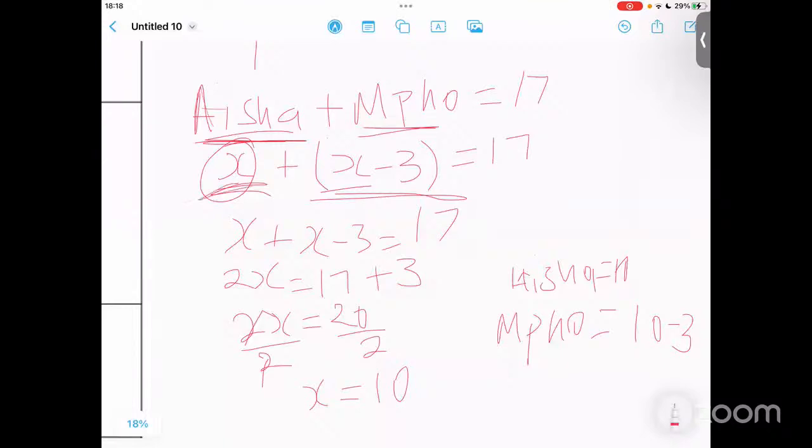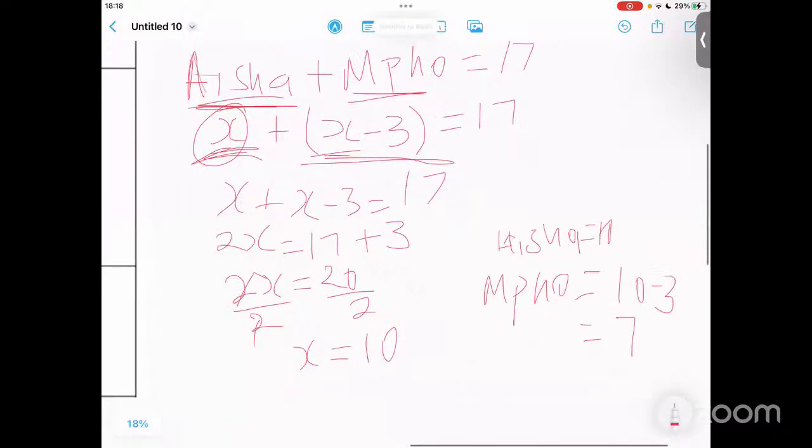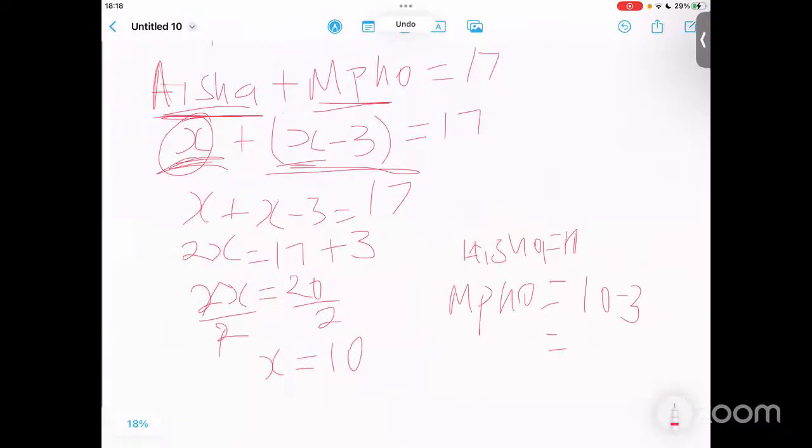So here it's 10, here it's 10 minus 3, which is 7. So that means they are 7 and 10 years old. Did you guys get it? Or do you want me to re-explain? Ma'am, please explain.